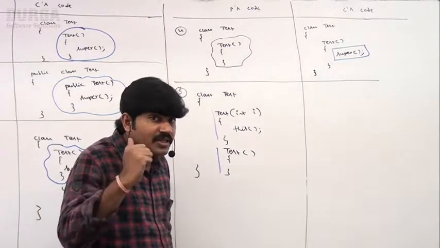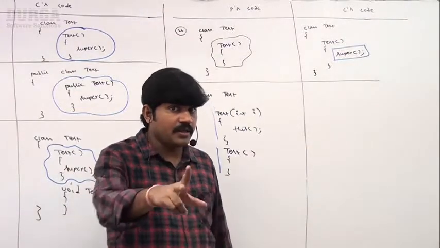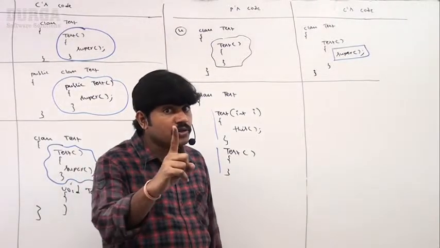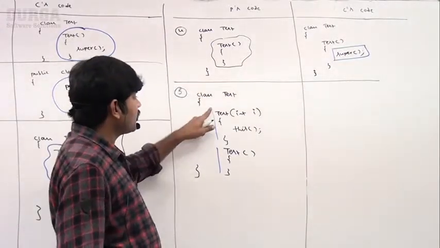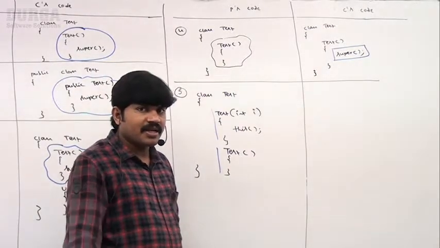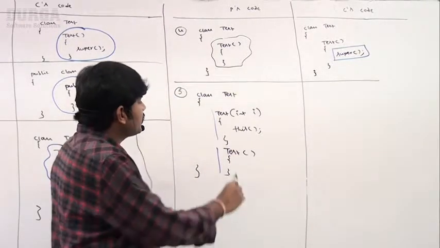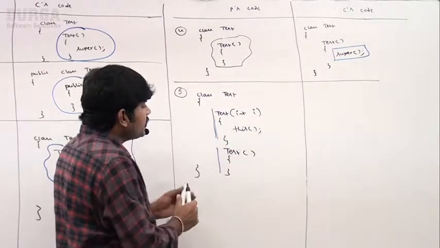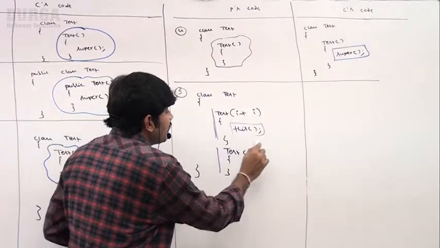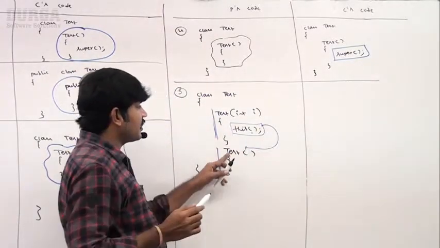Next, have you written these constructors in the proper way? A constructor is said to be proper when the first line inside the constructor is either super or this. If you are not writing anything, the compiler is always going to place super. Now, sir, first the compiler will check both. The compiler feels very happy because it is not required to generate a default constructor. Now the compiler will check whether the first constructor is proper or not. Yes, the first line here is this with no argument, which means you are calling another constructor of the same class.